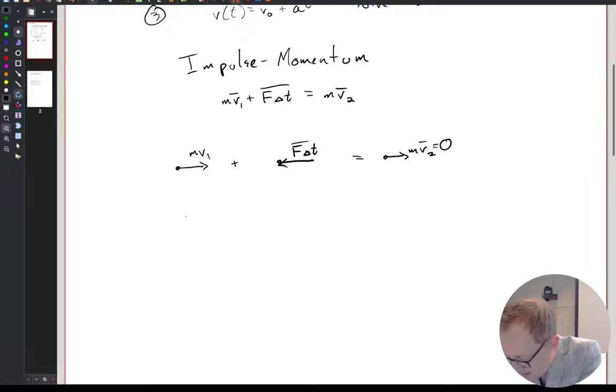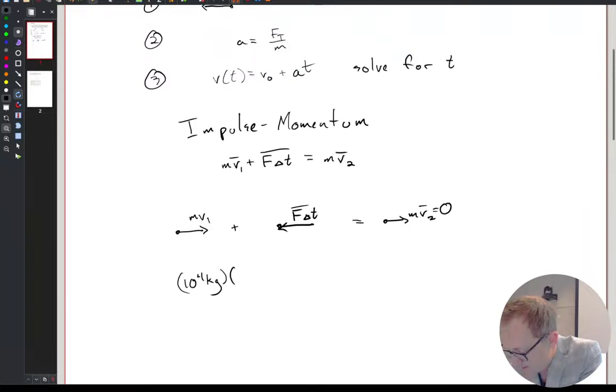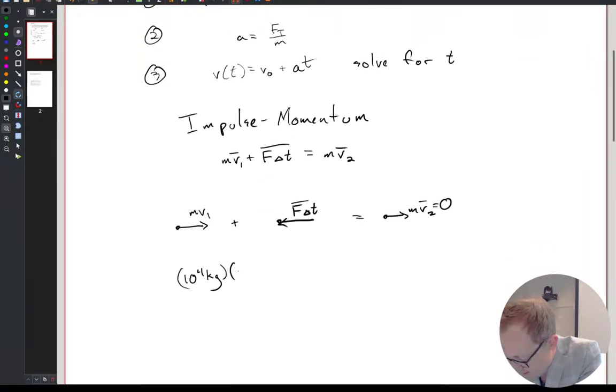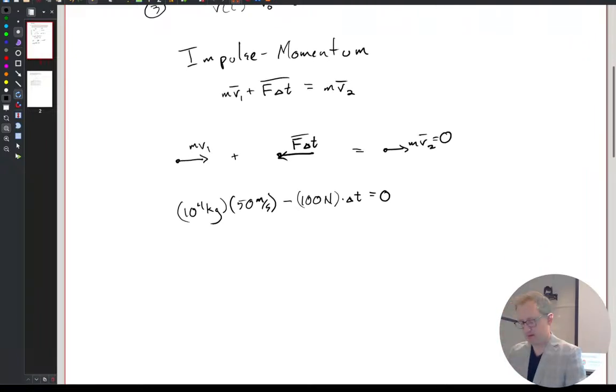What is this? This is 10 to the 4 kg times 50 meters per second, minus 100 newtons times delta t, is 0.